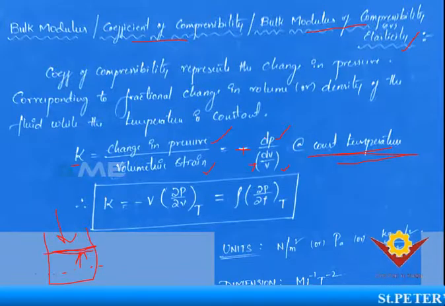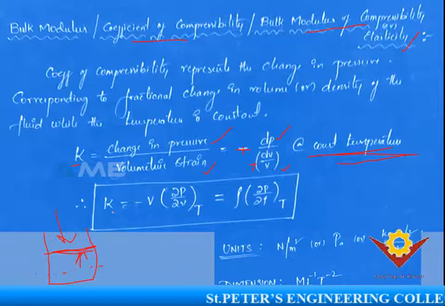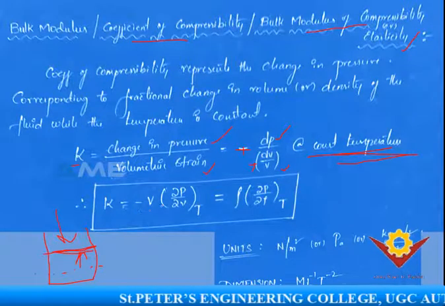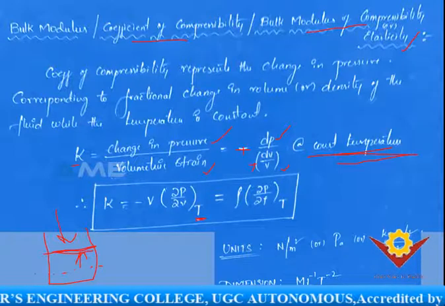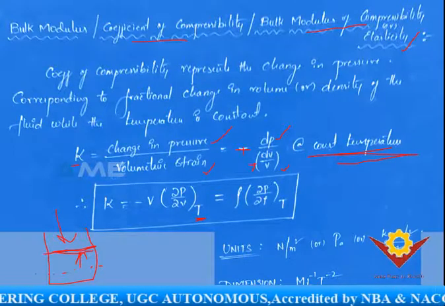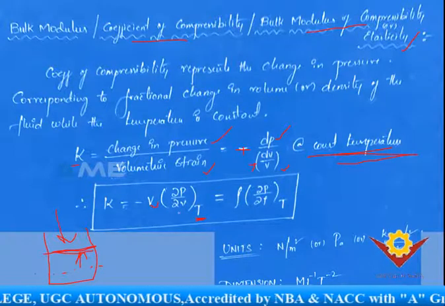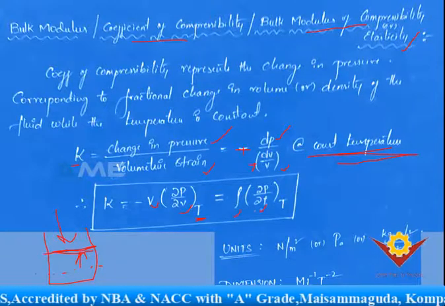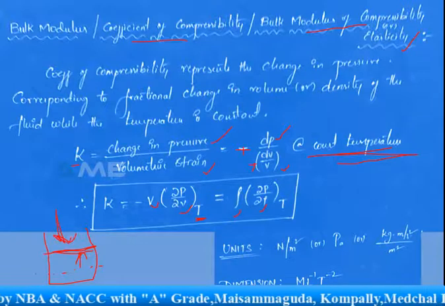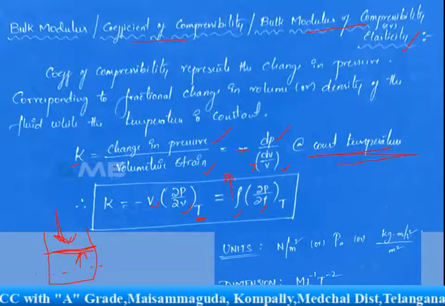Now if you replace these terms, you get K equals minus V dou P by dou V, where temperature is constant. Here you can replace the volumes with densities. When compression takes place, the density will increase, so it becomes positive.